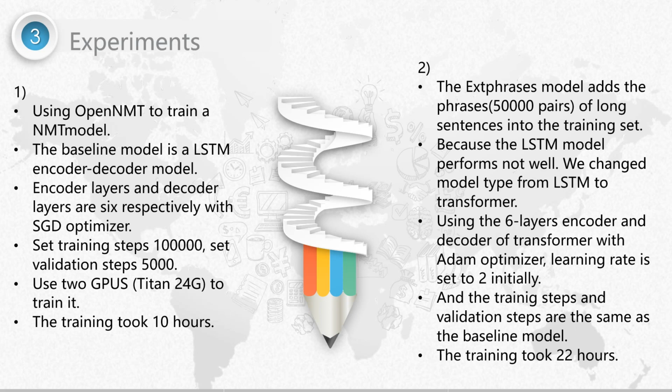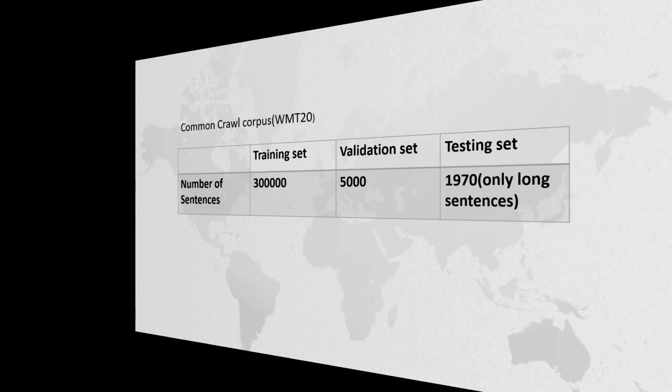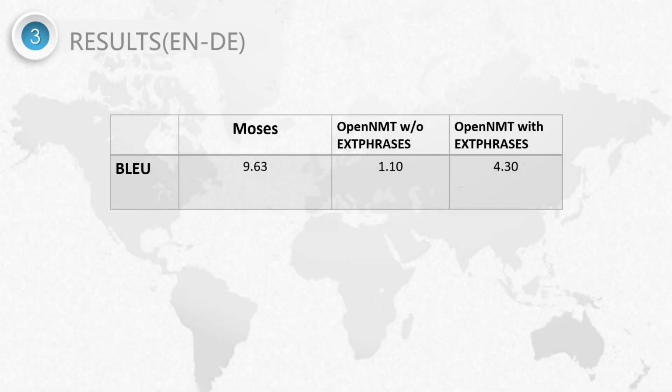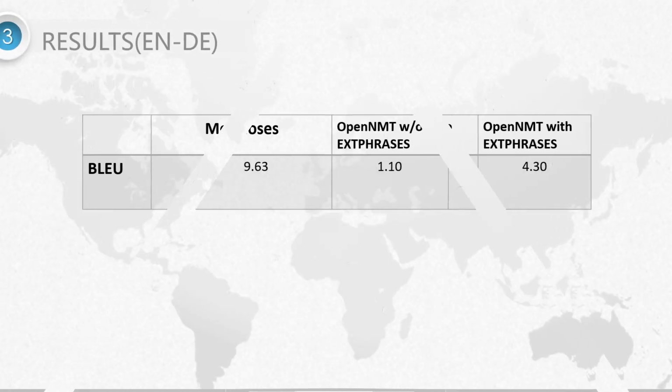The training steps and the validation steps are the same as the baseline model. This is our data size, and this is our result.